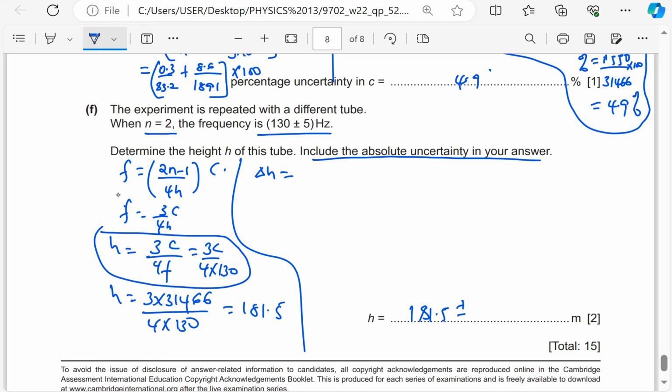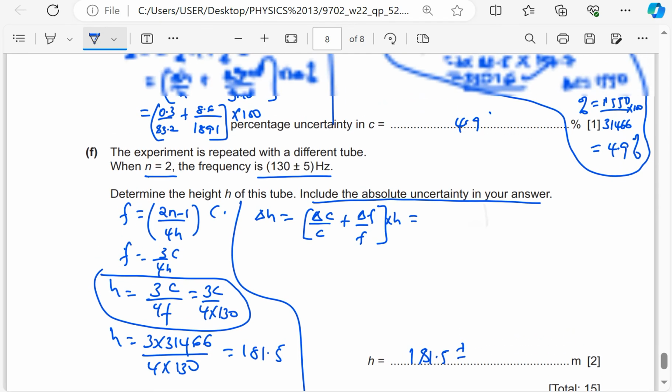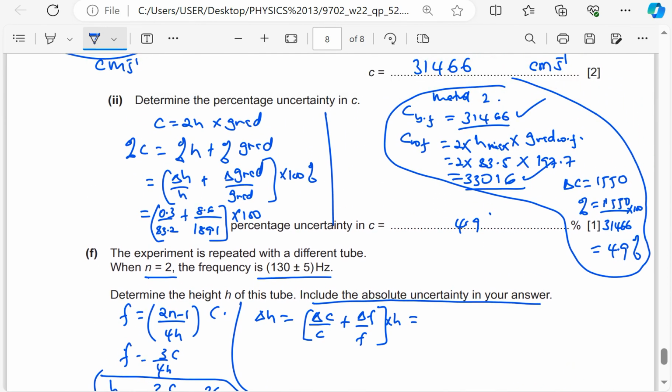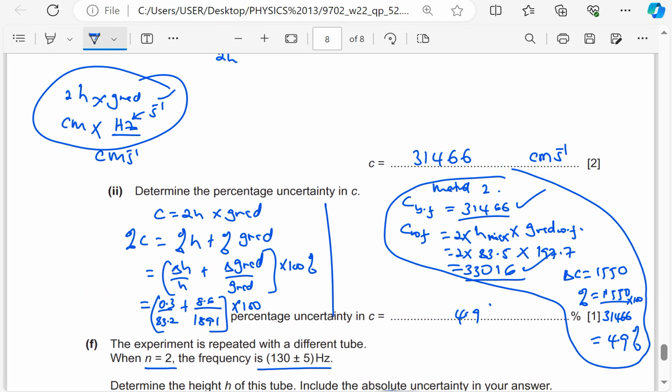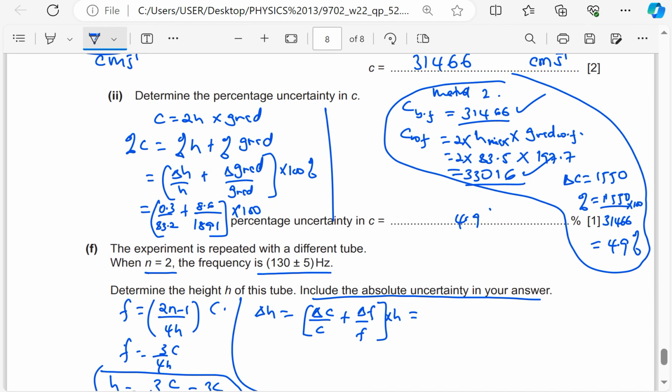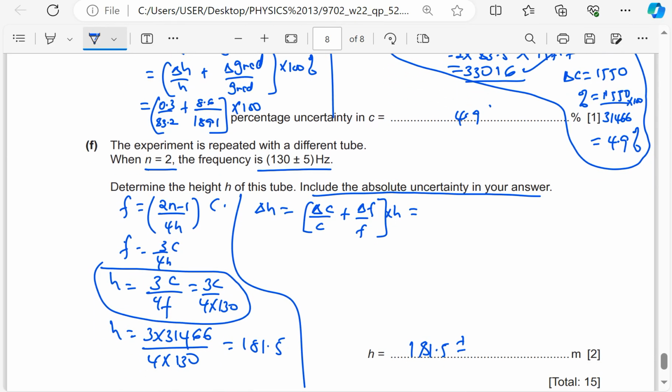So this will be the absolute in C over C plus the absolute in F over F. Then I multiply this by H. So this is going to be absolute in C, which is going to be 4.9. Of course, it will be taking me back, but I can still do that.